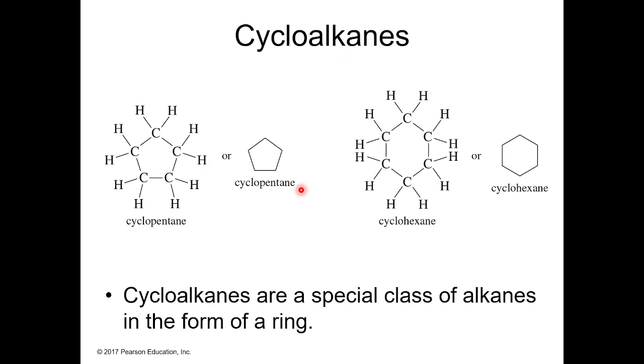This right here is your line angular method of writing. And so this is by far and away the one I would expect you to use. Does anyone remember how you figure out the hydrogens? Yeah. So the hydrogens just fill in the number of bonds, right? So each carbon should have 4.